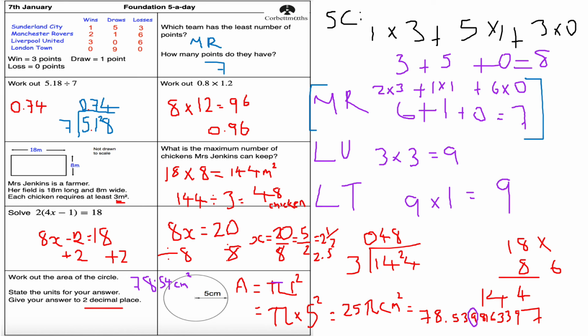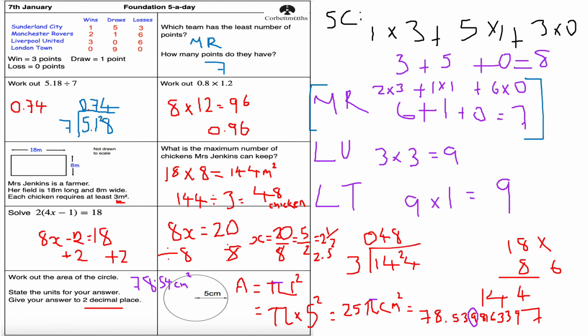Putting this into your calculator, so pi times 5 squared. 5 squared is just 5 times 5, which is 25, so it's 25 pi centimeters squared. This is what I call the exact solution, and then putting this into my calculator gives me the numerical solution.